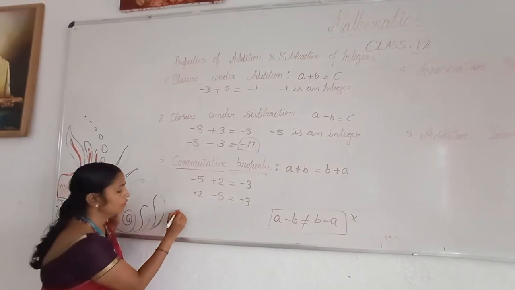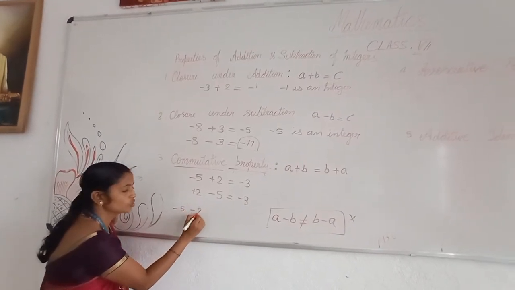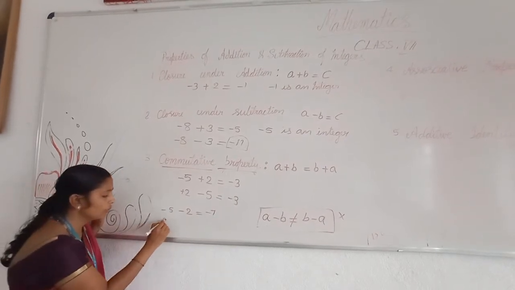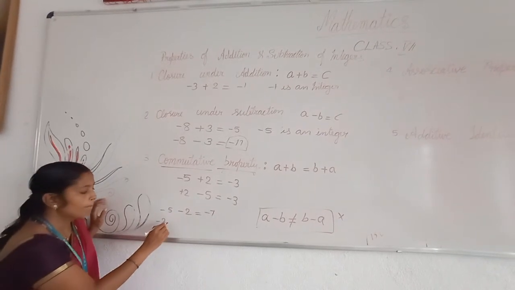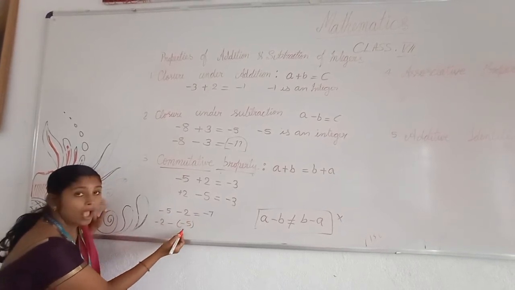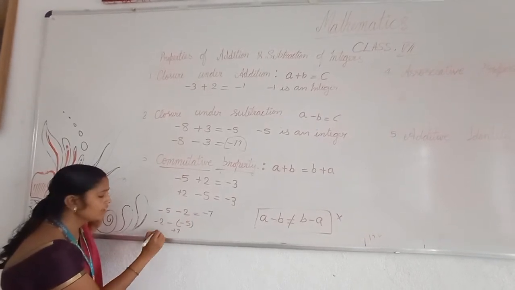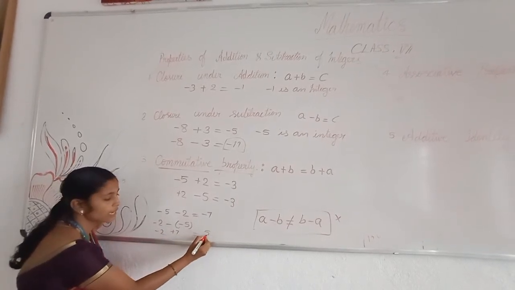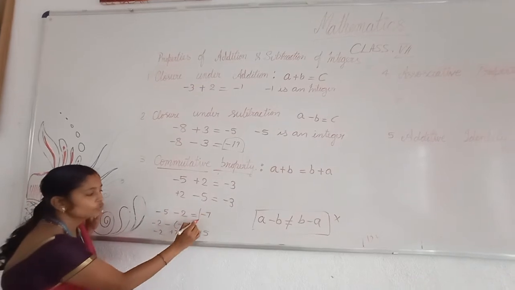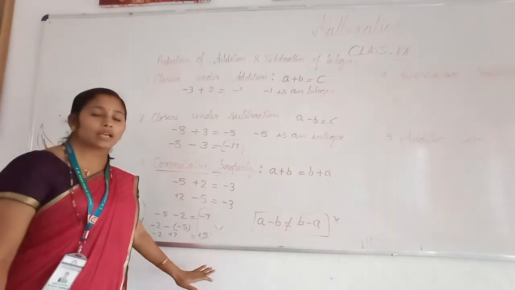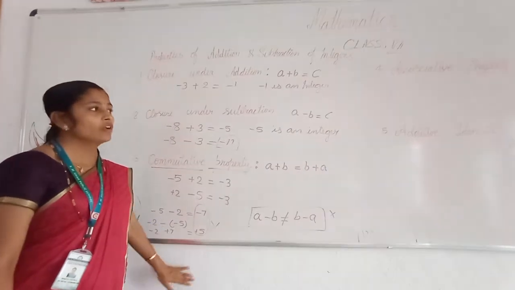For example, minus 5 minus 2 gives minus 7. If you change the order, minus 2 minus 5, then you have to add: plus 7 and the opposite sign gives minus 2... you get plus 5. So these two are not the same. So subtraction is not commutative for integers.